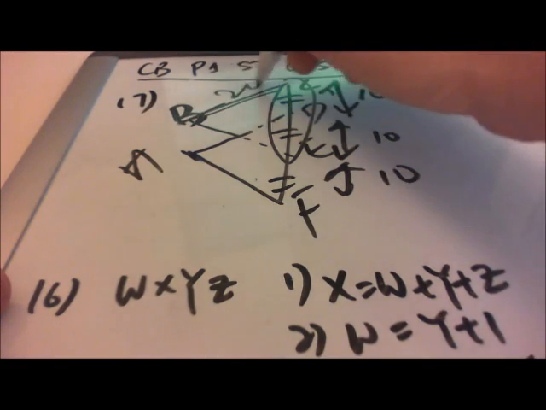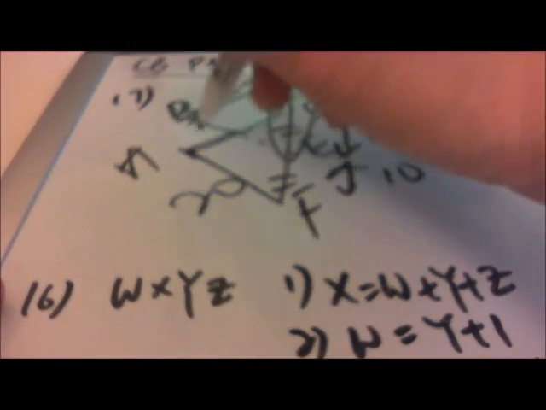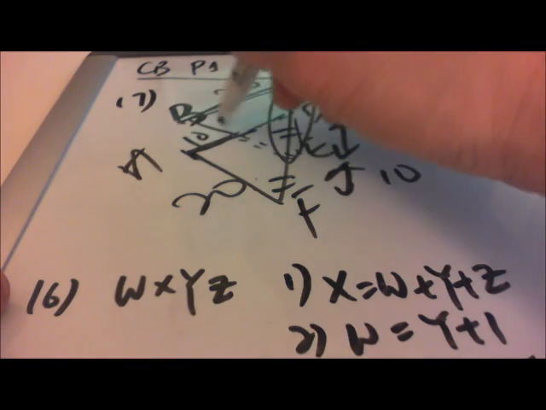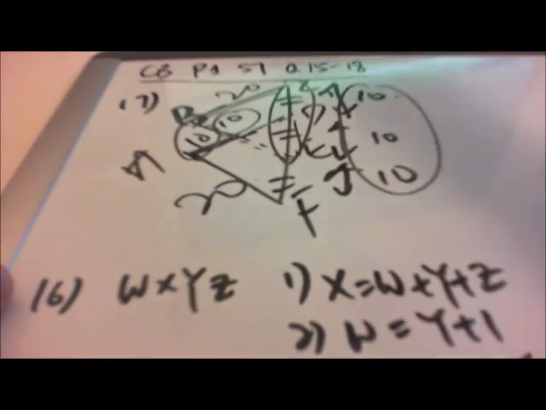So this is 20 and this is 20, and this is half of the equilateral triangle, because this part is 10, 10, 10. So this is also 10 and 10. So you add them up, 30, 40, 50 plus 40 is equal to 90.